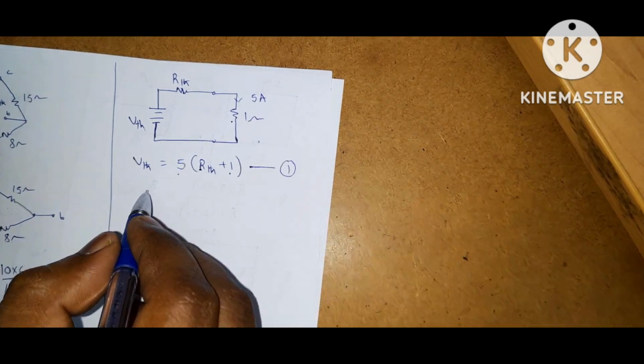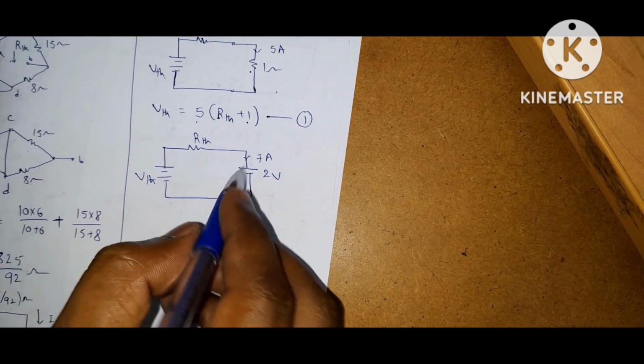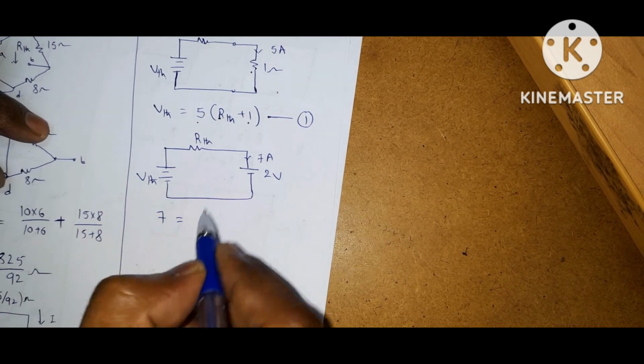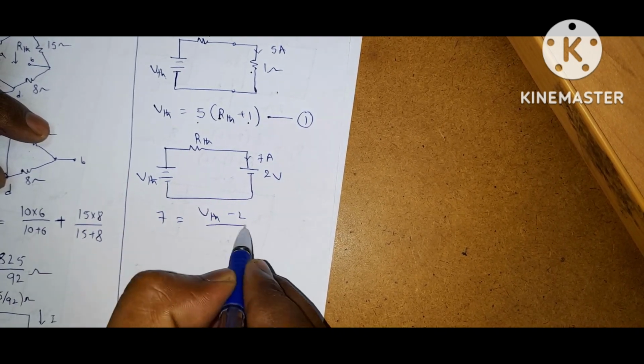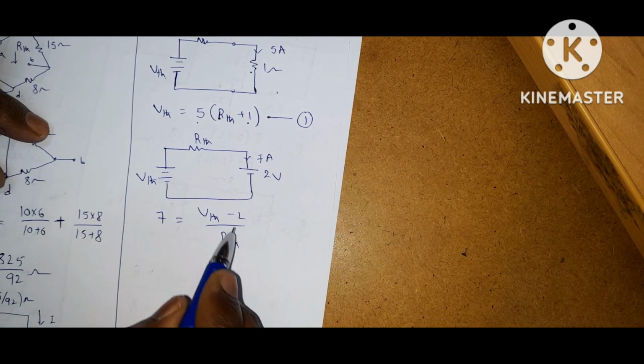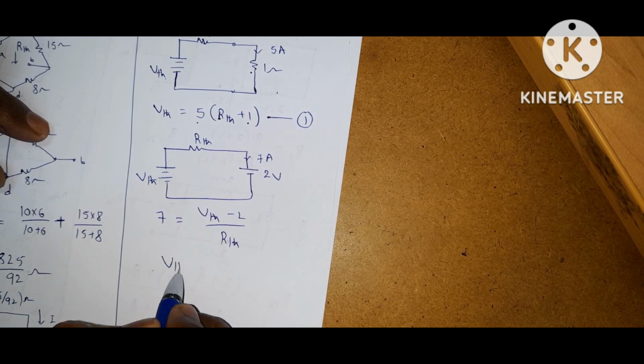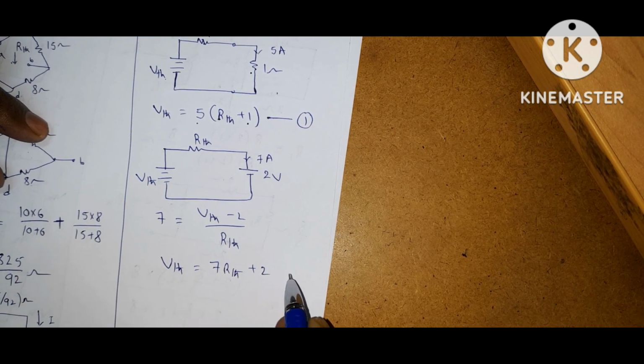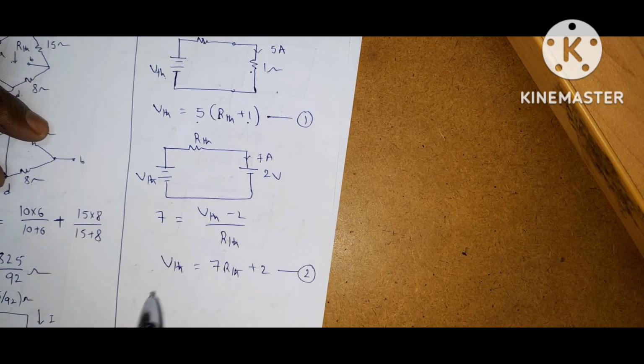The circuit becomes like this. The current I is 7 amps, equal to VThevenin minus 2 by RThevenin. From this, VThevenin is equal to 7 RThevenin plus 2. This is equation 2. So equate 1 and 2.